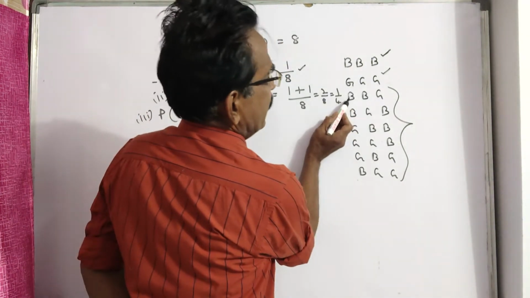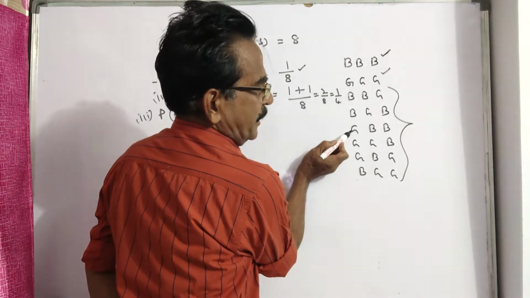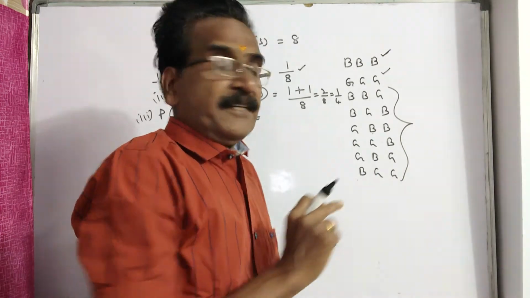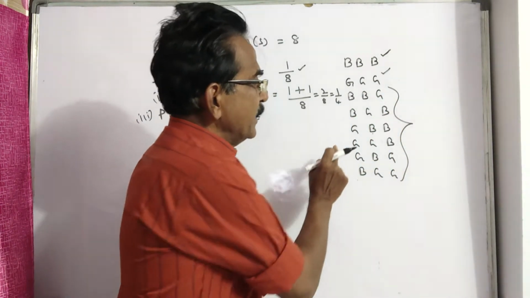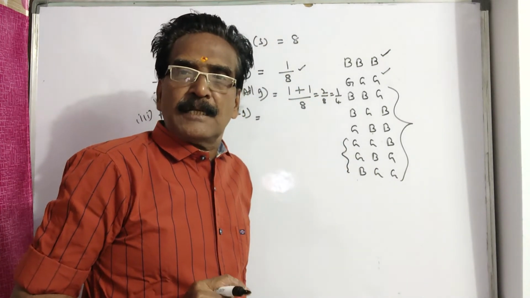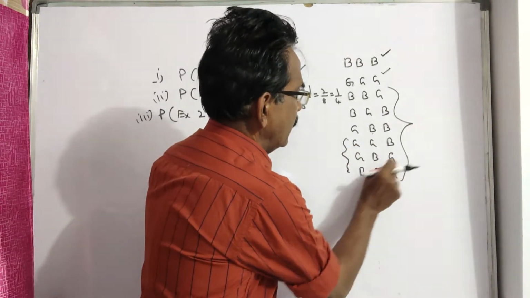See, in this outcome, there are exactly 2 boys, boy, boy. So, in these 3 outcomes, there are exactly 2 boys. In these 3 outcomes, there are exactly 2 girls. See, girl, girl.